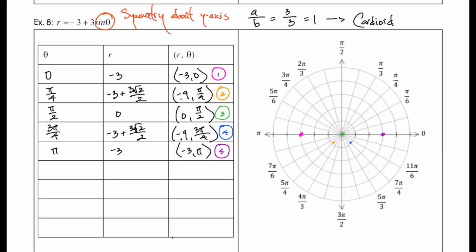We already said at the beginning, this is symmetry about the y-axis. So the part that we draw down here, if we were to connect the bottom of the heart, then we cannot just do the same thing on the top, because it doesn't have that kind of symmetry.